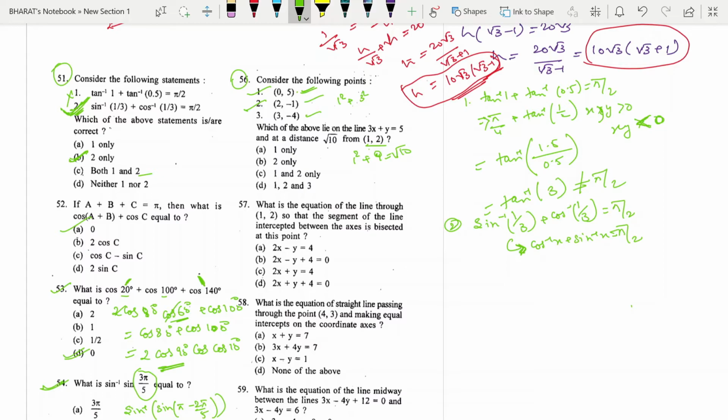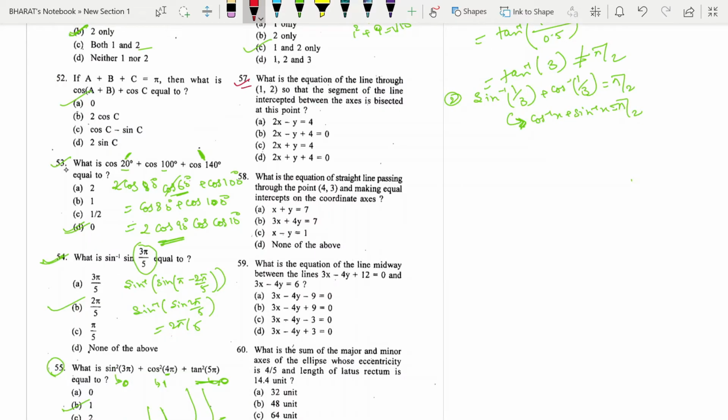Now the third one, 2 square, that is 4, plus 6 square, that is 36. One second, 3 minus 1 is 2, 2 square is 4, and 6 square is 36, that is root of 40. Now this is not the answer. So 1 and 2 only, C is the answer.